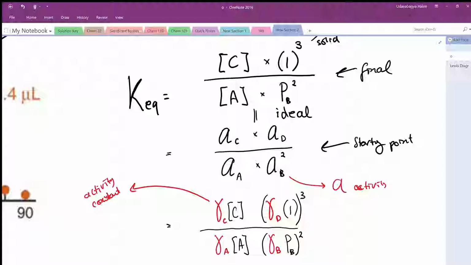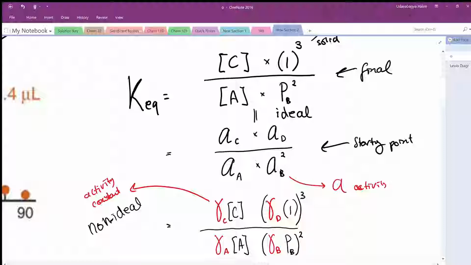What I want you to notice is that if the coefficient is to the power of 2, like this one, the gamma must be to the power of 2 as well. That's why this one here is 1 times the activity coefficient to the power of 3, because as I've written on the top, it's 1 to the power of 3 as well. So the activity constant is basically just a correction factor, because our solution is non-ideal.